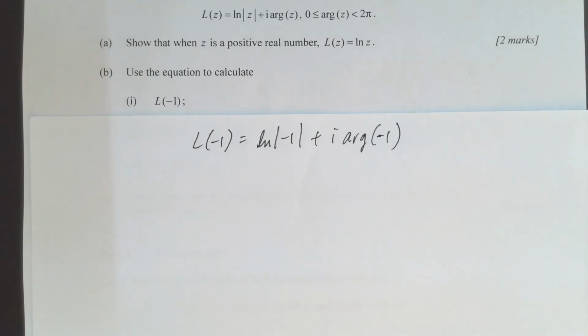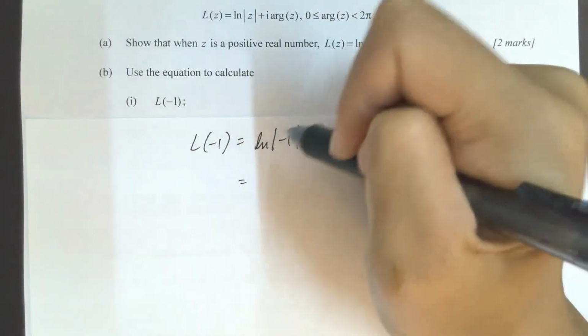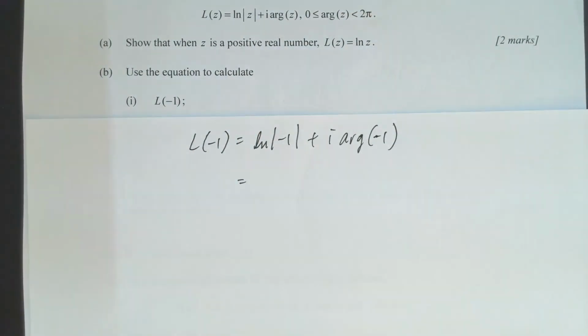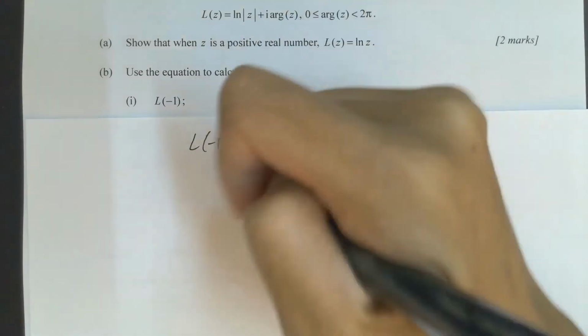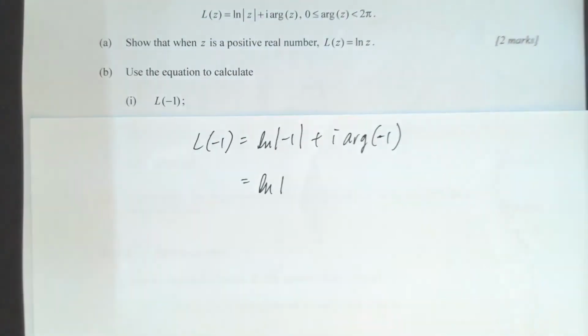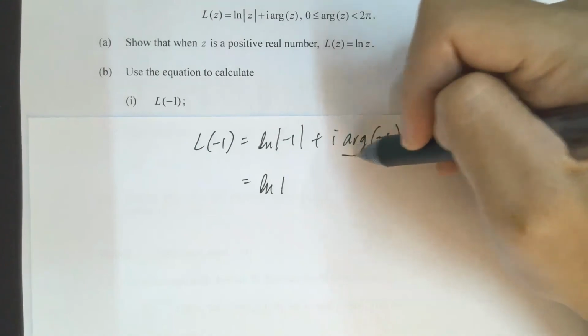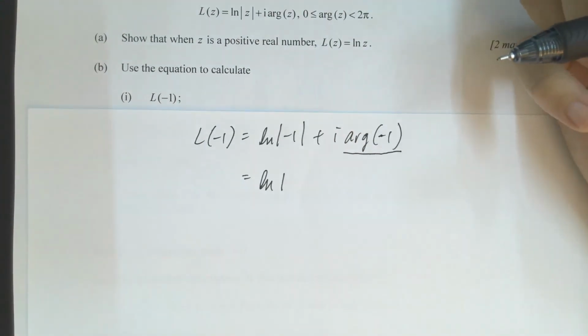First of all, the first part is easy because ln of -1 is just going to be ln of 1. Now the tricky part is to identify what we mean by the argument of the real number -1.